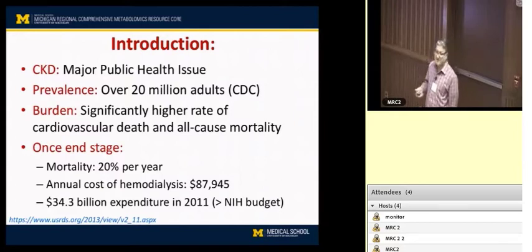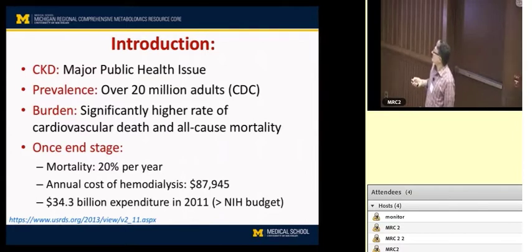As patients progress, the burden of disease increases. By the time a patient reaches end-stage kidney disease requiring hemodialysis, the cost is exponentially higher. By the time a patient is on dialysis, the annual cost would be over $80,000 a year.